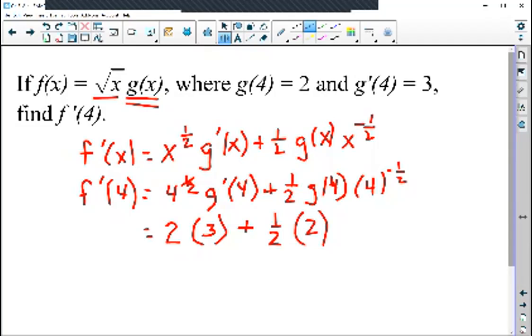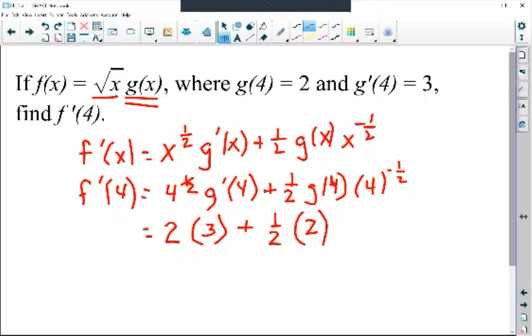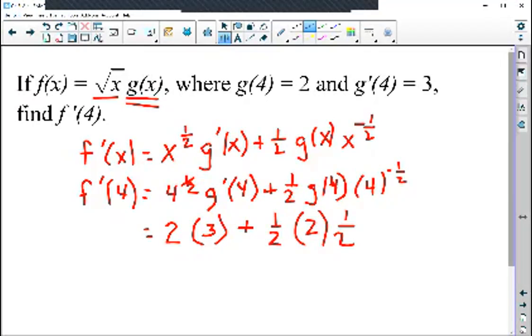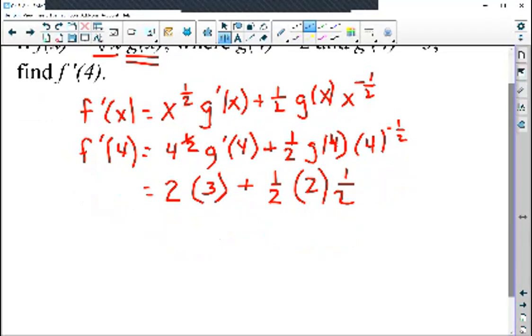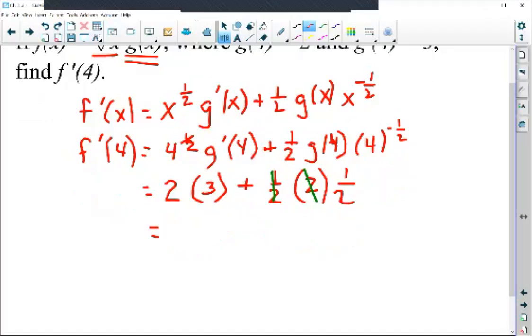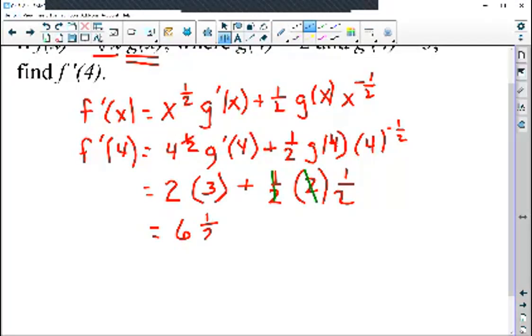That would be 1 over the square root of 4, which would be 1/2. And if I multiply and add that together, I get 6.5, or 13 over 2, or whatever. That would be equivalent to that.